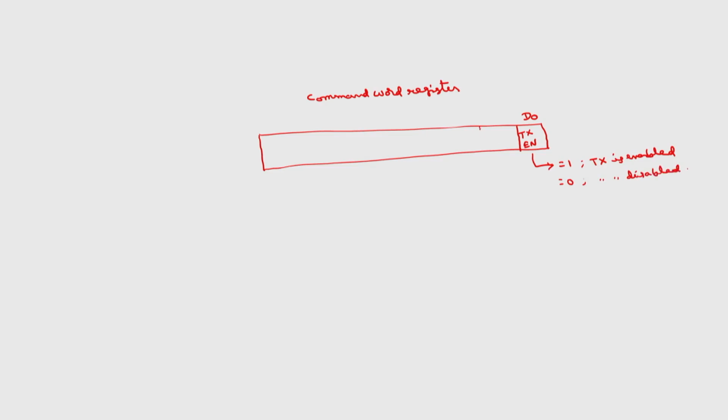Then this is data terminal ready. 1 means data terminal ready; as I have told, the data terminal will be the transmitter basically. Zero means not ready.